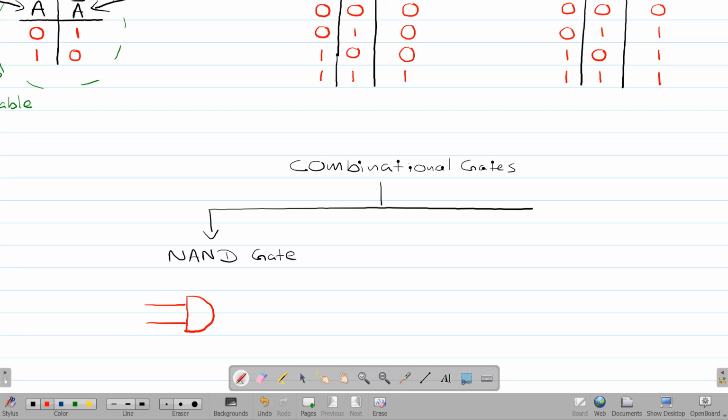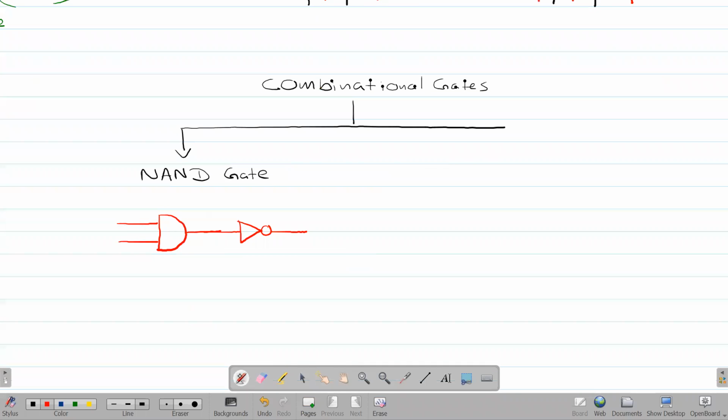So we take an AND gate. For the output of the AND gate, we fix a NOT gate in front of it. That is how the NAND gate is formed. But when you are drawing the circuit, you need to draw this symbol to indicate the NAND gate. So what's happening here?